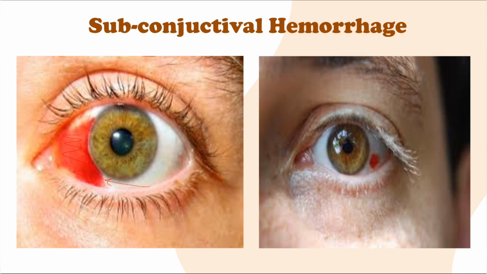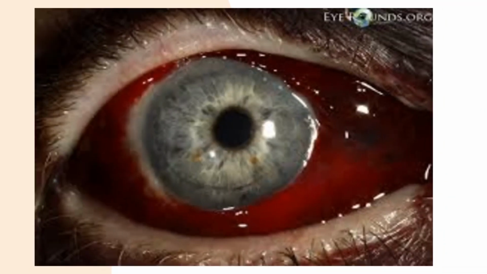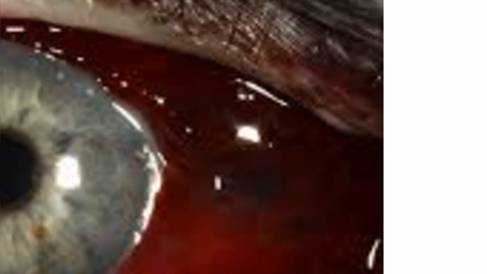This has different severity and degree, but does not need treatment, and it will resolve by itself within 1 to 2 weeks. Sometimes we use a weak steroid drop like FML eye drops, which can be used 3 times daily. It may lead to rapid improvement of the eye.